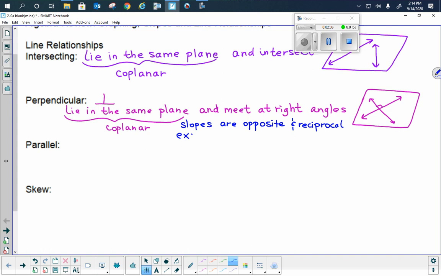So let's do a few examples here. If I said one line had a slope of 3/5, then you should know that its opposite reciprocal slope would be opposite sign, and reciprocal means flip the fraction over, so it would be -5/3.